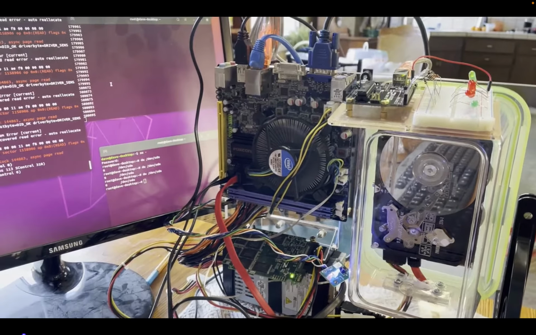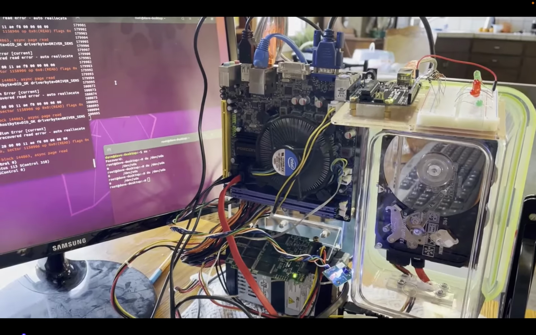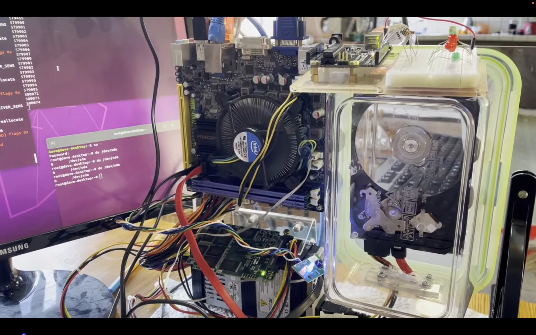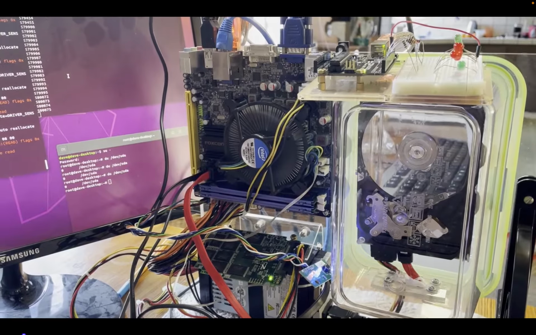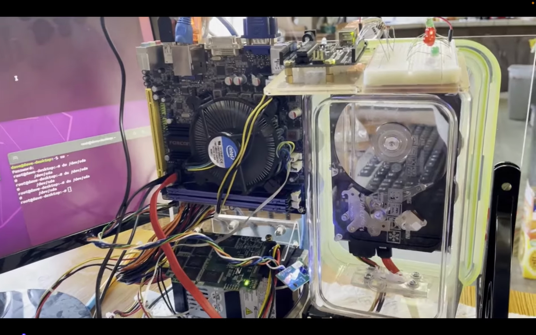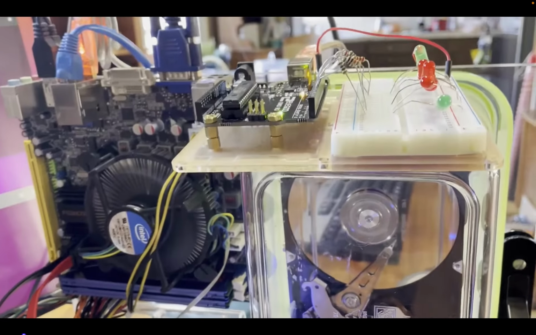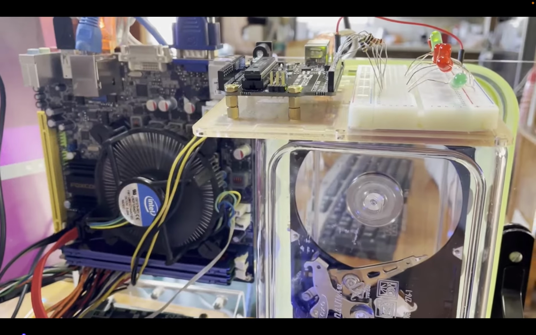Now, while this picture shows a rather confusing array of wires, devices, connectors, and interfaces, all of these pieces can be thought of as one of 5 types of components. They're either input units, such as a keyboard or a mouse, output units, such as a display, or input and output units, such as a disk drive or a network interface.